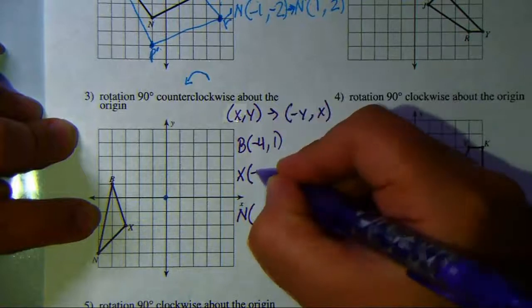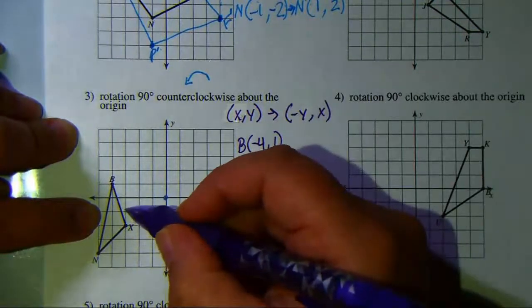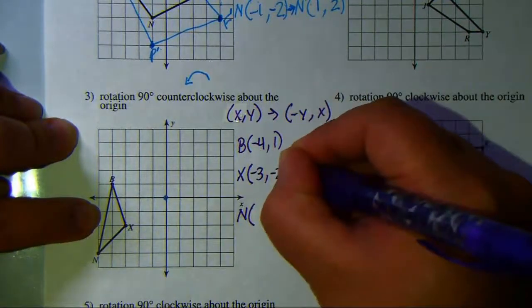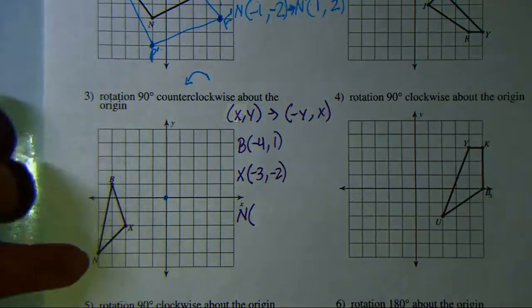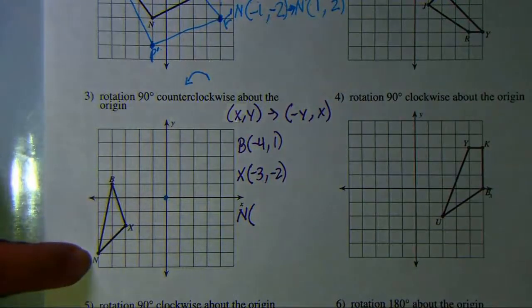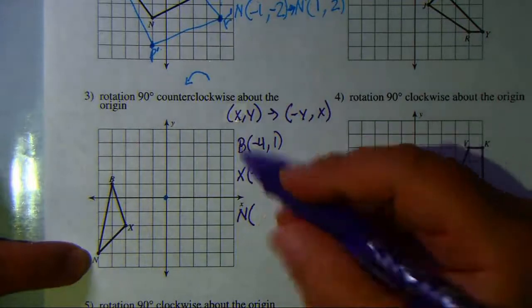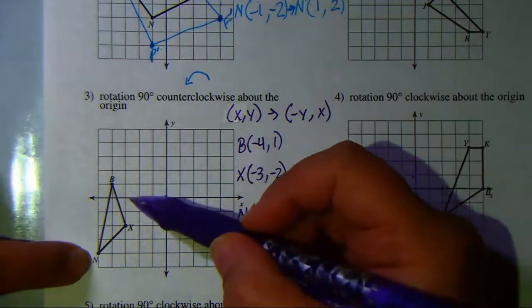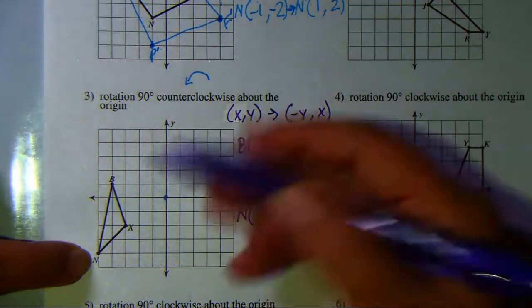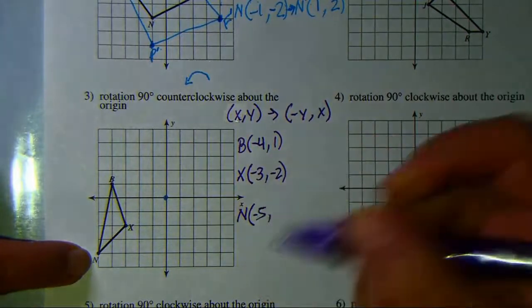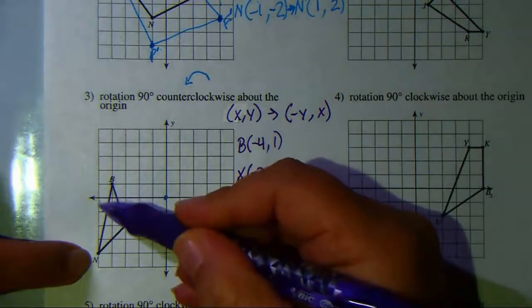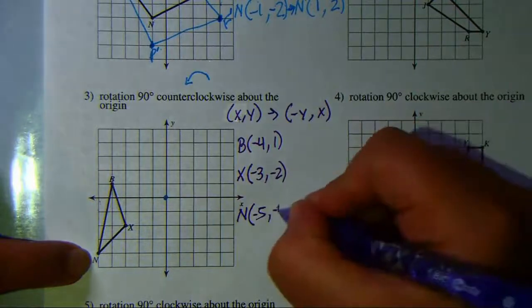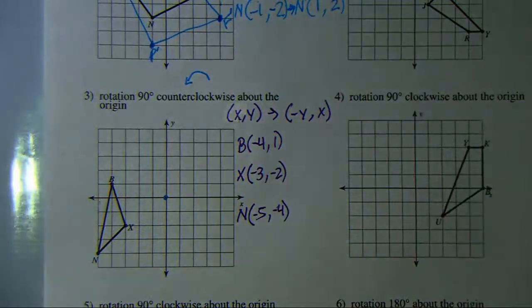So that's negative 3. And then 1, 2 down. So that's negative 2. And then N is at 1, 2, 3, 4, 5 to the left. So that's negative 5. And then 1, 2, 3, 4 down. So that's negative 4.